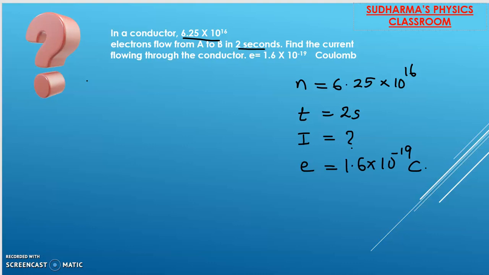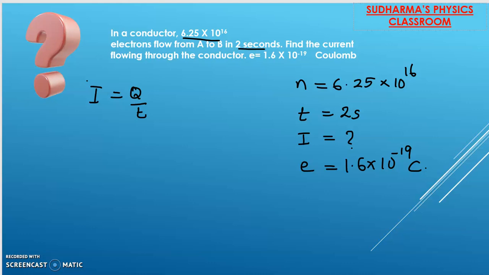Now let's see how to solve it. We have N, T, I and E. What is the question? Find the current flowing, right? So we have the equation I equals Q divided by T. Now we look at the data given. Is the charge given in the question? No. We cannot see the charge given directly in this question.